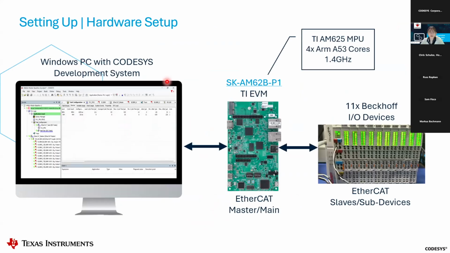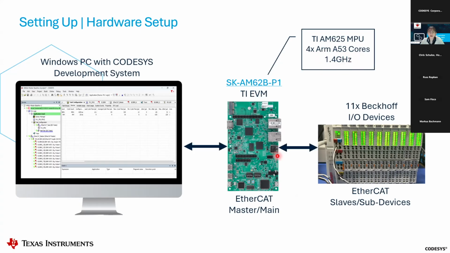So in order to benchmark EtherCAT cycle time, I of course need an EtherCAT setup. In my setup, I used a TI evaluation module featuring the AM625 microprocessor, which itself features 4 ARM A53 cores and up to 1.4 gigahertz of CPU frequency.